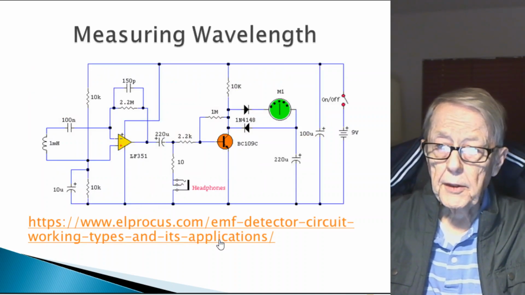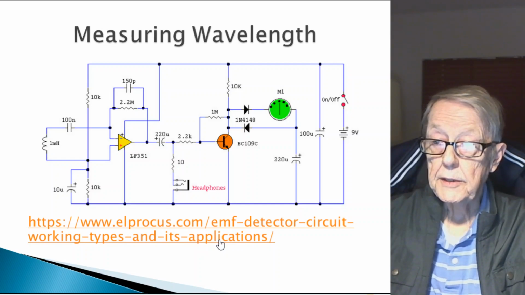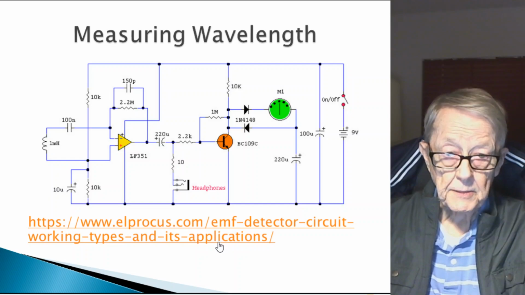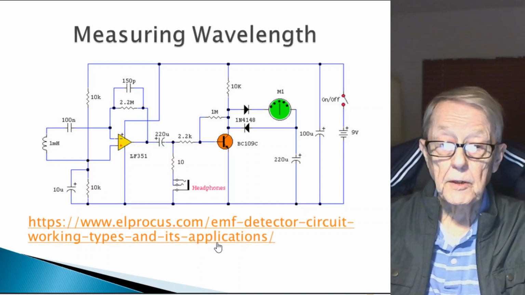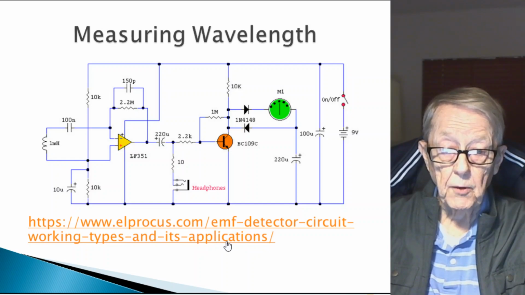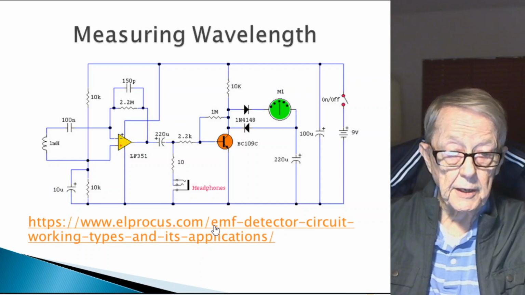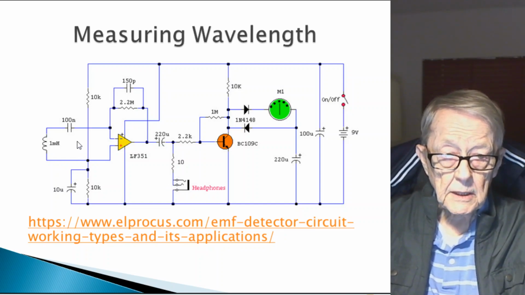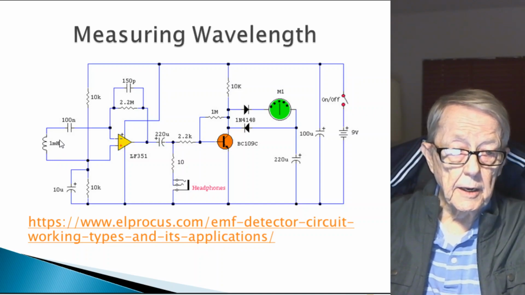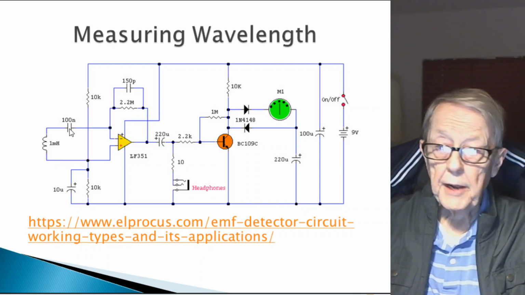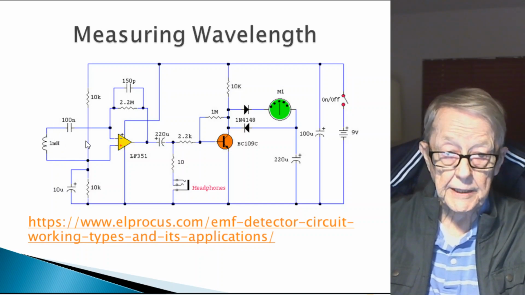One of the things that intrigues me is how you measure wavelength. In the first place, how do they know? This is a very simplified schematic diagram for an EMF detector, written down here in the link. You have a 1 millihenry inductor and a 100 nanofarad capacitor, which is tuned to a given frequency.